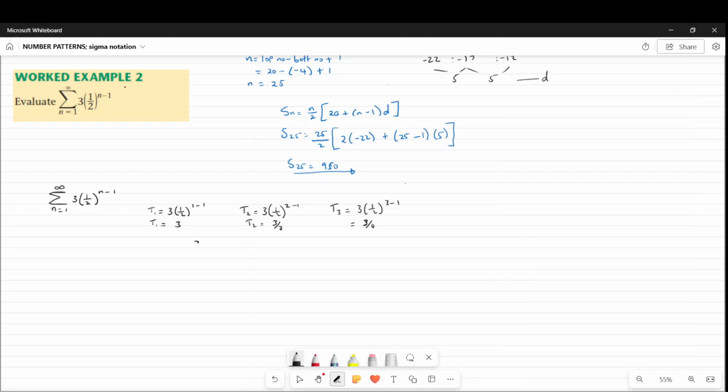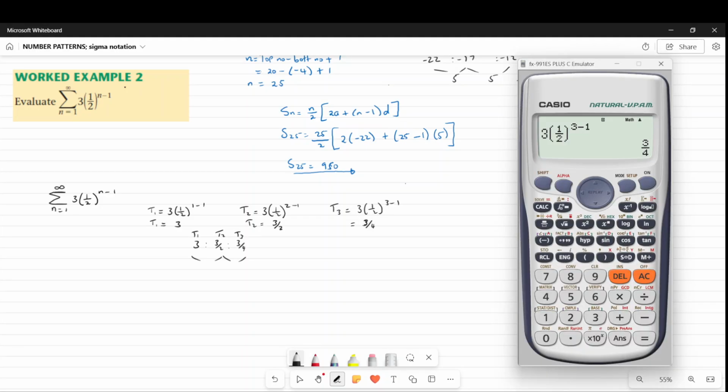So now as you can see, we have 3 over 2 and 3 over 4. So this is T1, T2, T3. We know this is a geometric series, right?